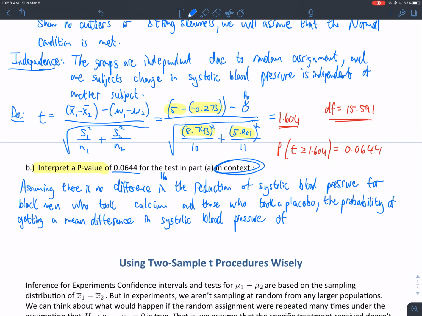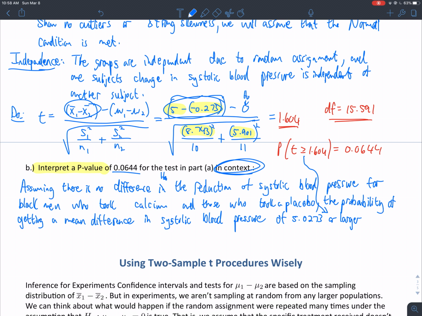We got this. This is our difference. Our sample mean difference is this number, which is actually 5.0273, or larger. Remember our alternative hypothesis, we're following this.